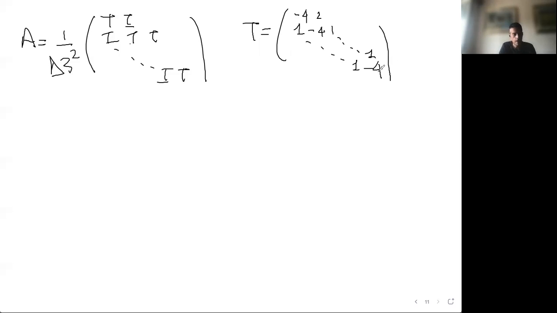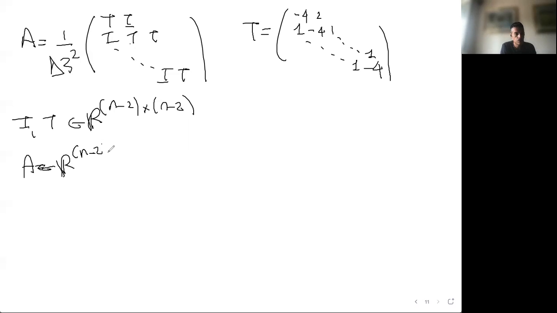So I and T are matrices of dimension (n minus 2) times (n minus 2), and A is going to be of dimension (n minus 2) squared times (n minus 2) squared.